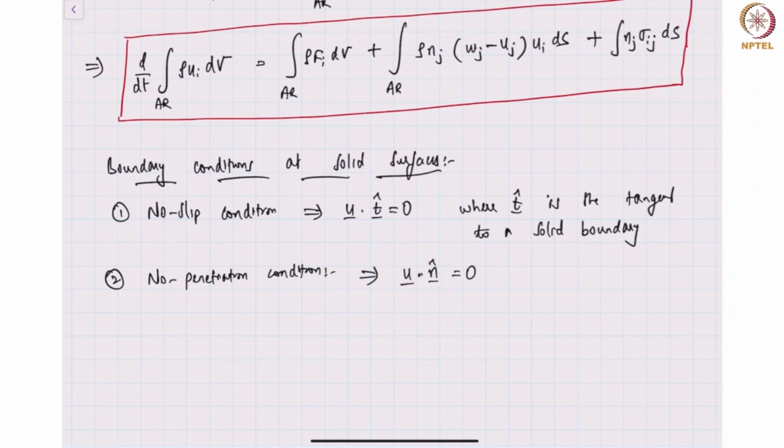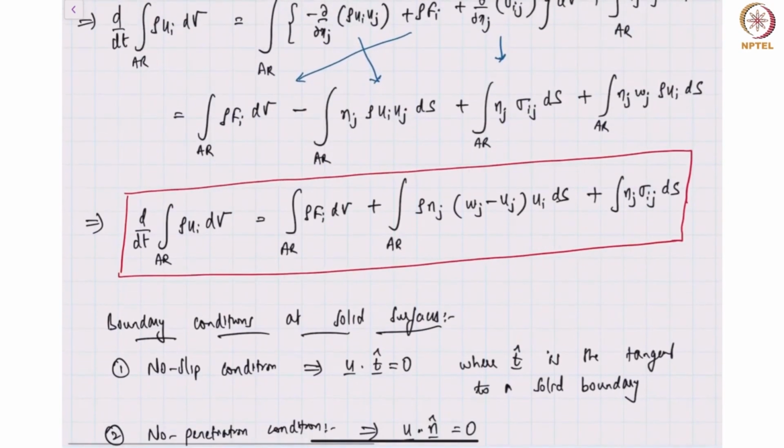Now, to even apply these boundary conditions, you need to know where the boundary is, right? The next step would be to determine what the boundary conditions are at an interface which is evolving in time. That's something that we will be looking at in the next lecture.